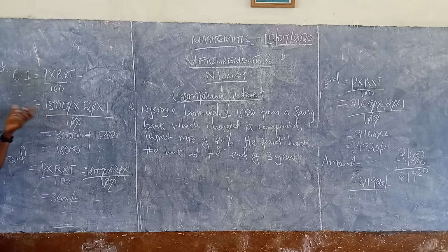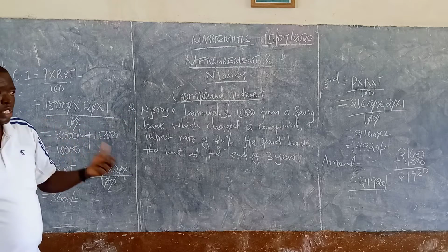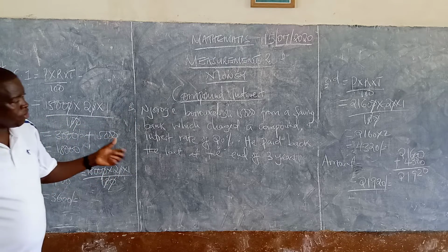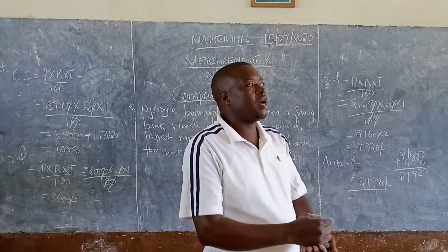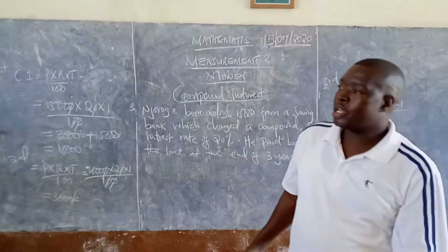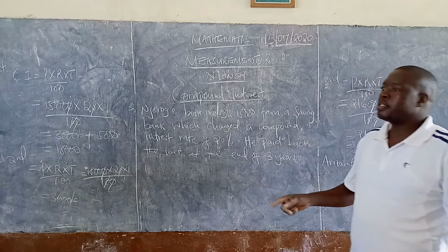When you get the interest for the first year, you add it to the principal you started with at the beginning of the first year, and it goes on until the last year. Even if you are given 5 years, you need to be patient. Compound interest is similar to simple interest, but the interest is calculated yearly.